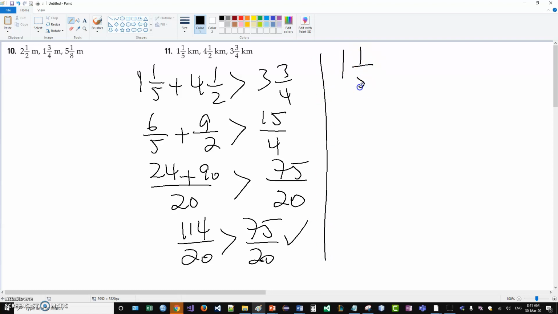Okay. Now let's try the other sides. So 1 and 1/5 plus 3 3/4. Is that greater than 4.5?